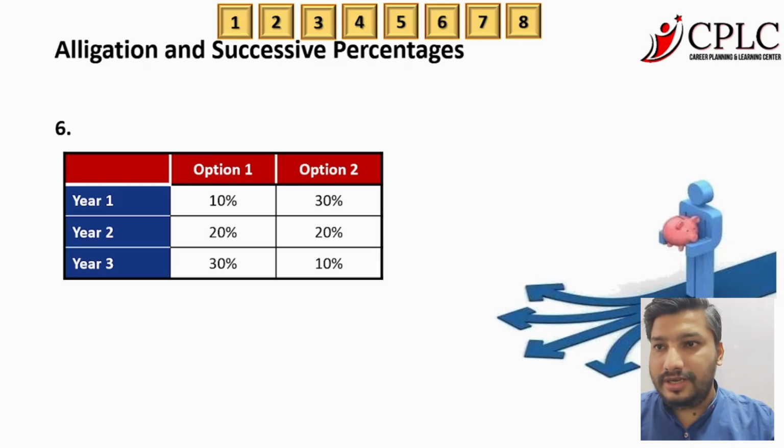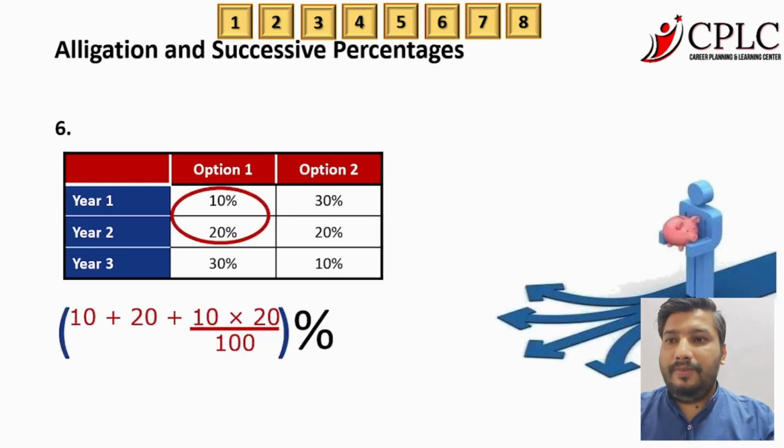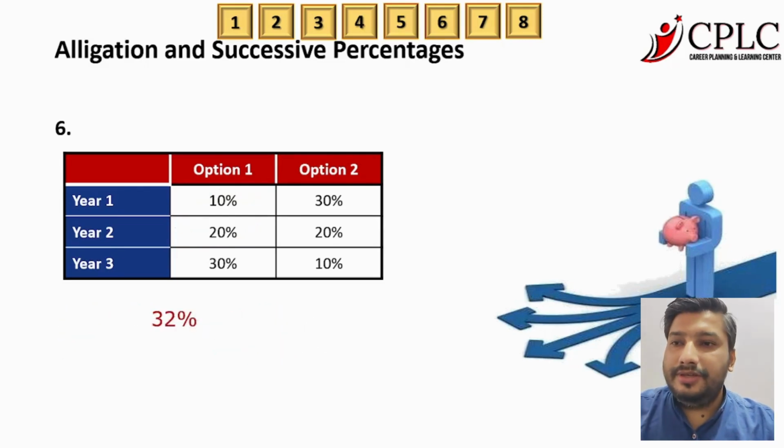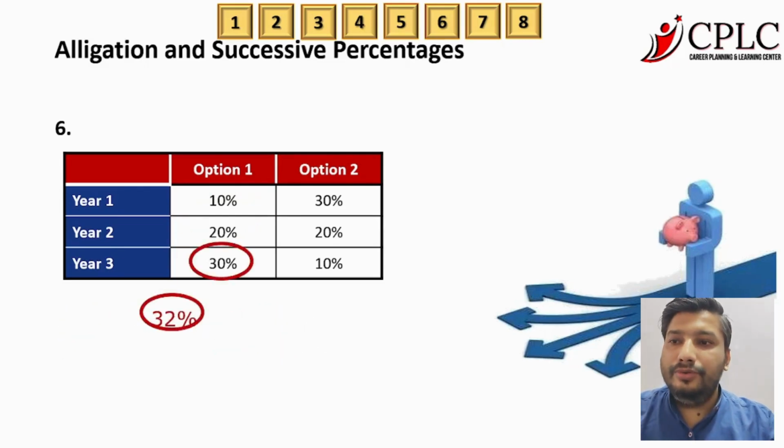The first two numbers are 10 and 20. If you apply the formula of successive percentage, which is A plus B plus AB upon 100, the whole calculation gives you 30 plus 2, that is 32% as the net change. But then there is a third value also, so we'll have to do that one more time with 30% and 32%.